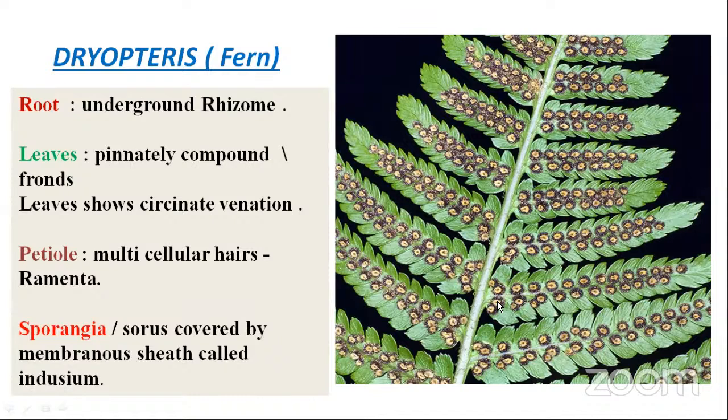From the midrib, two branches are produced, so you can see the two branches. So it is called a pinnately compound leaf. The leaf shows circinate venation. Now, what is circinate venation?